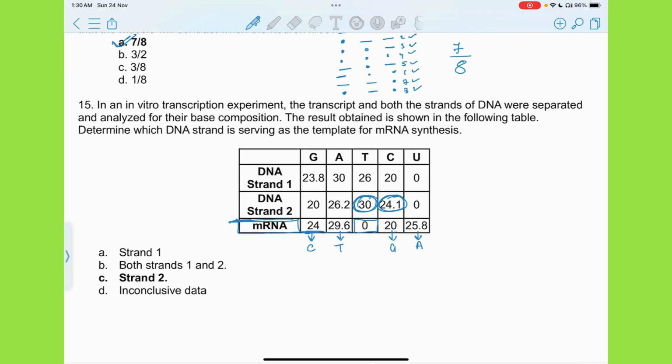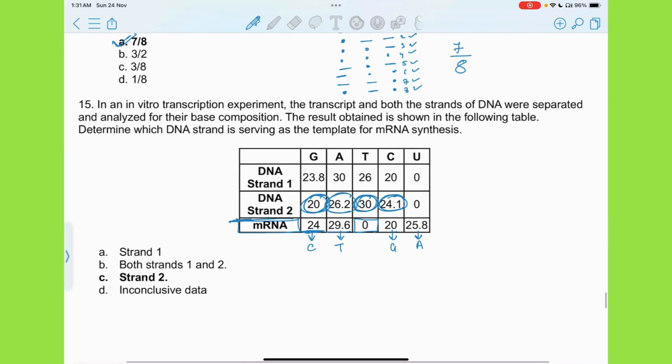For C, there is 20 C, so there should be a 20 G value, which is again in strand 2. For U, there should be approximately 25.8, that is approximately 26 A, so that is again in strand 2. So the correct option is strand 2.